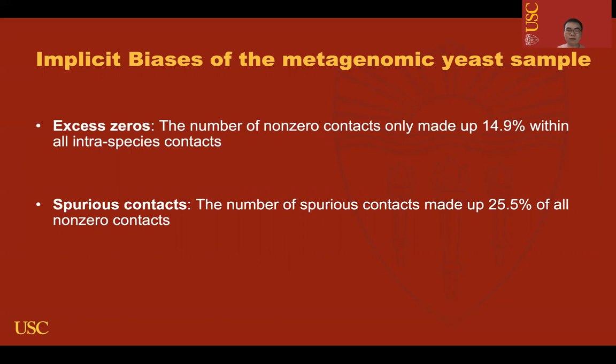Moreover, the number of spurious contacts made up 25.5% of all non-zero contacts, which could confound the interpretation of the Hi-C data in the downstream analysis. Therefore, it is necessary to normalize the Hi-C data. And actually, we have two goals for the normalization: correct the explicit biases and remove the spurious interspecies contacts.